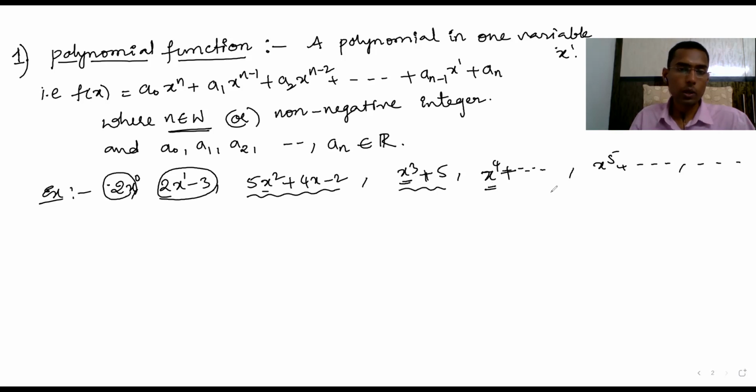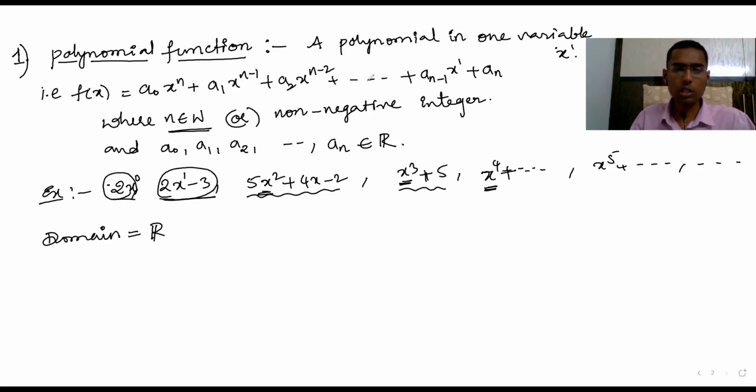Simple. Now, if you see here, domain. What is domain and range? The domain of a polynomial function is always all real numbers. Why? It is defined for all real numbers. x can assume any value, so x can be any real number.